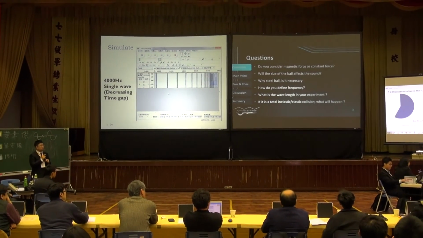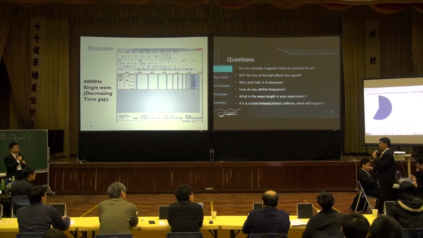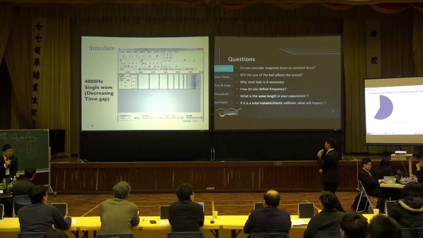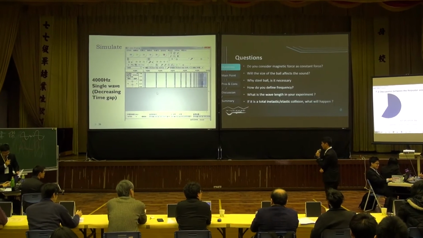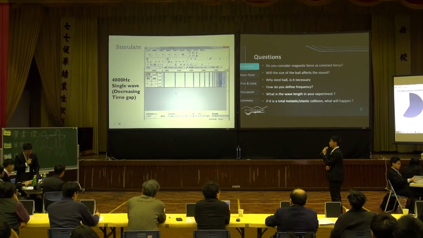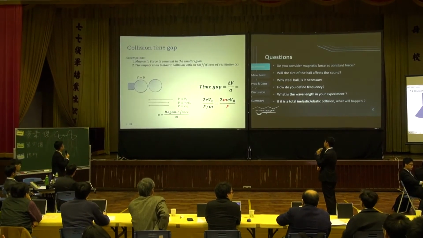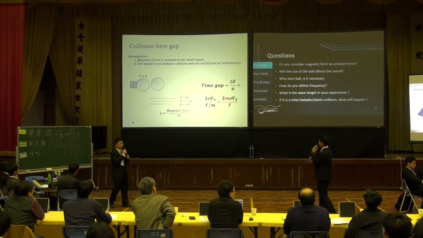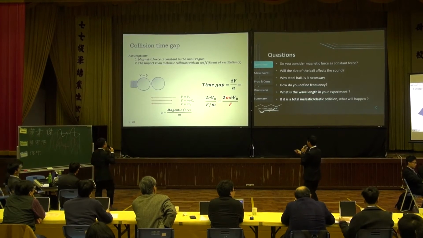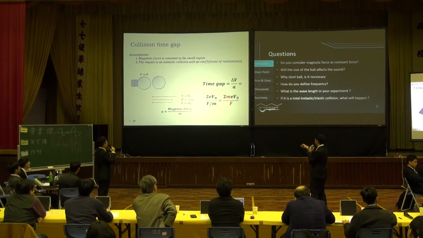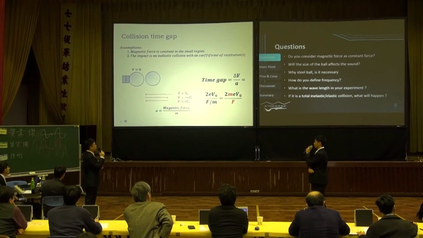So since in your formula you have discussed the elastic collision, can you show your formula? Page 28, please. Have you investigated the initial velocity in your experiment? No, not exactly, I'm sorry.